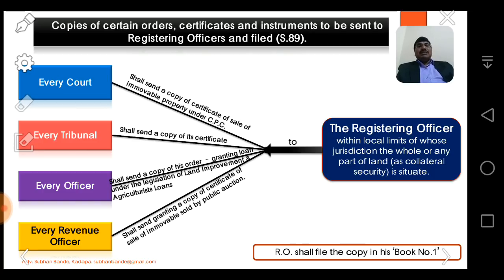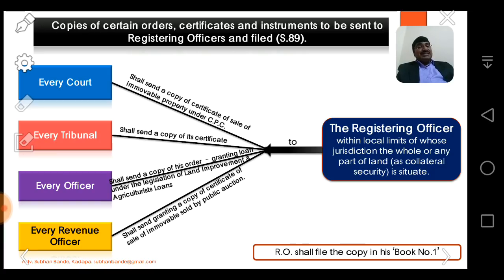If any person gets some loan from the bank, such certificate related to the property of the person who got the loan should be sent to the registering officer. The officer who is granting the loan for agricultural purpose, for land improvement purpose, or under other legislations notified by the governments, sends such documents to the registering officer for reference.